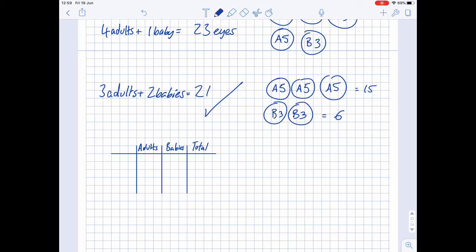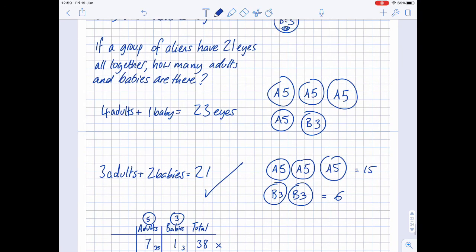You could say, if I'm going to have, and this is obviously wrong, 7 adults and 1 baby. Those 7 adults have all got 5 eyes, so 7 times 5 is 35. Then 1 times 3 is 3. So altogether they'd have 38 eyes. That's wrong, isn't it? You could have done something like that, but for me, I quite like drawing them like that.